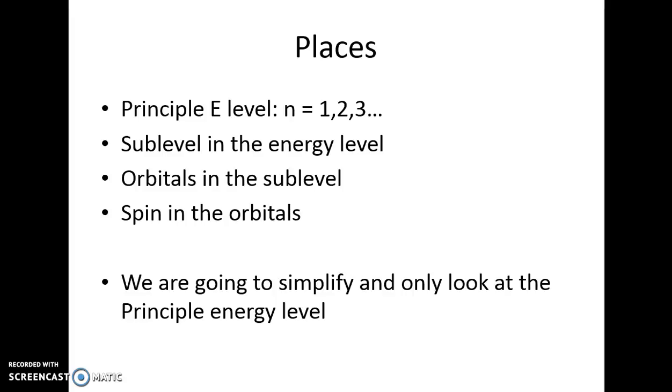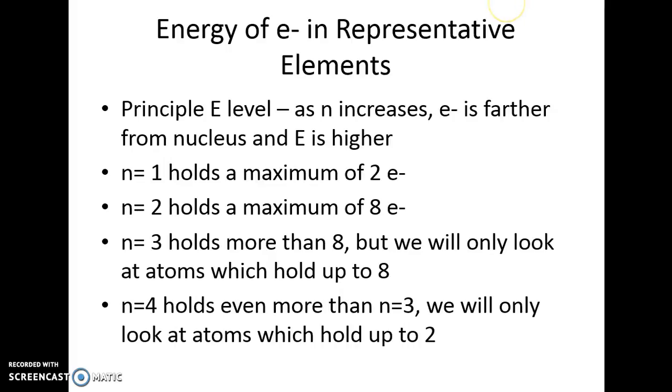Within orbitals, there's spin, but we're going to keep it really simple. So the only elements that we're going to look at the electron structure of are the representative elements, and really only those within the first 20 elements, because once you get past that, it gets a little more complicated, and we're going to try and keep this as simple as possible.